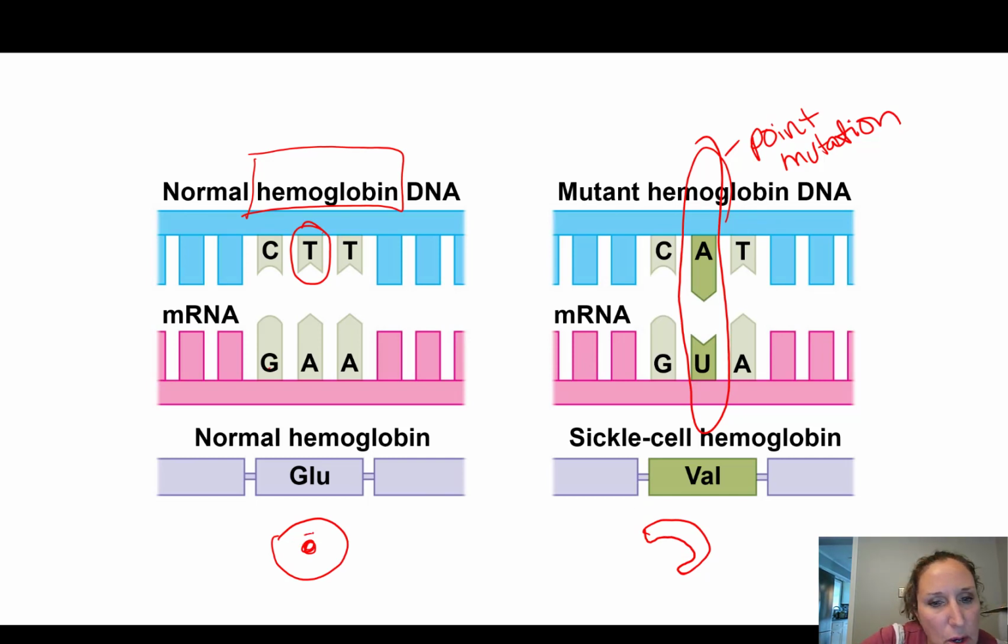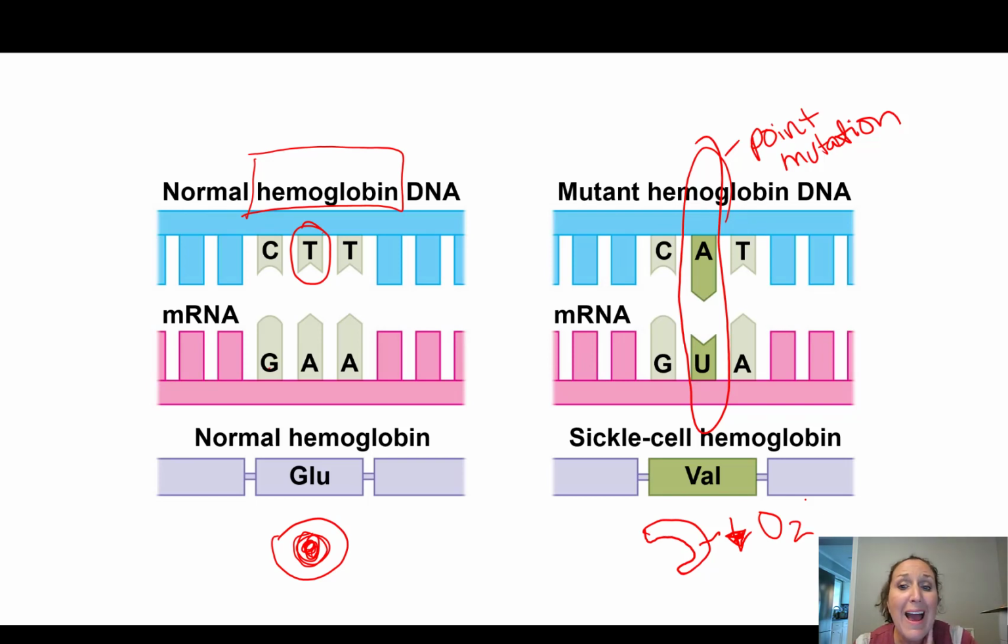And so there are disadvantages. This can carry a lot less oxygen. And depending on how many of these you have, you can have all sorts of other medical issues, like sickle cell crisis and things like that.